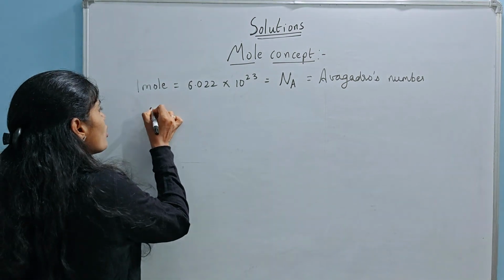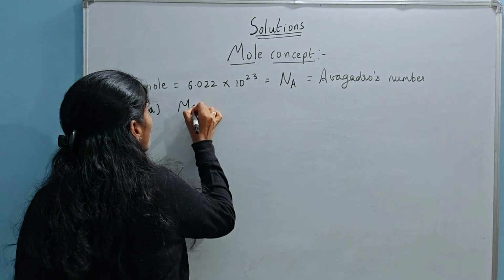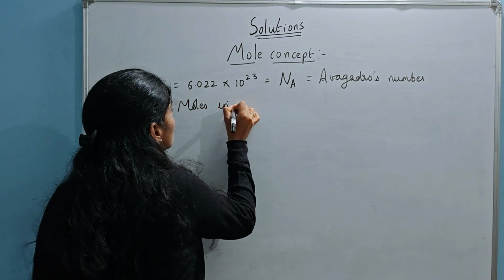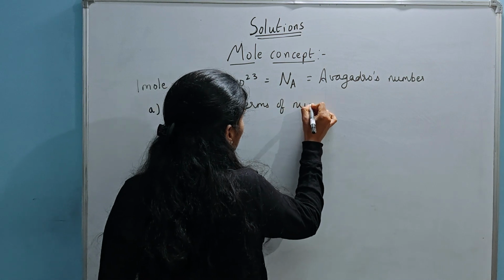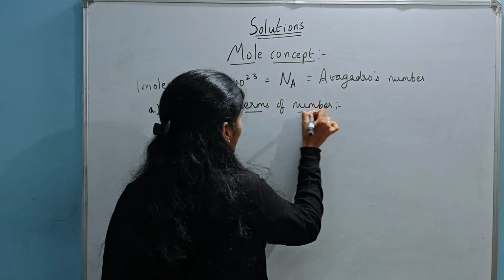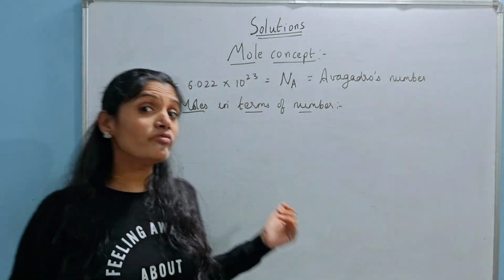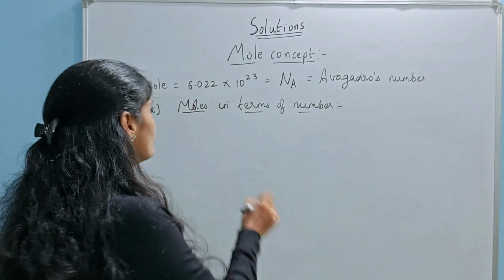Now let us talk about the first formula for the number of moles. Moles in terms of number. Now this we have already understood. How do we get moles in terms of numbers?